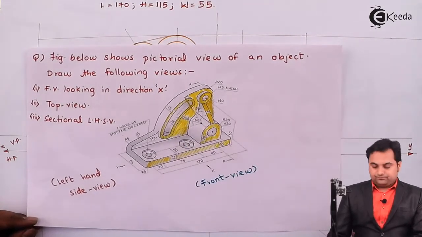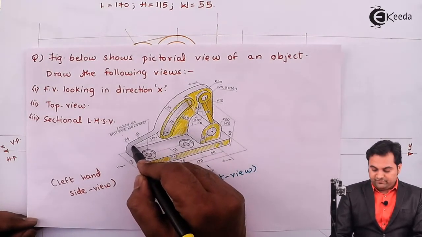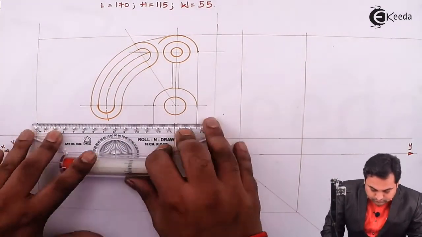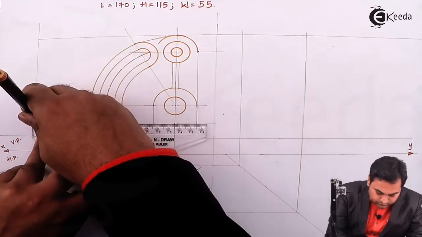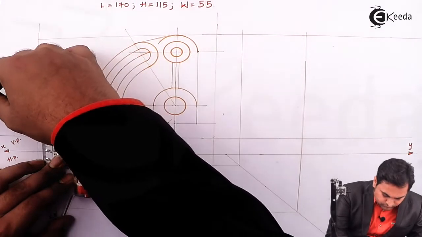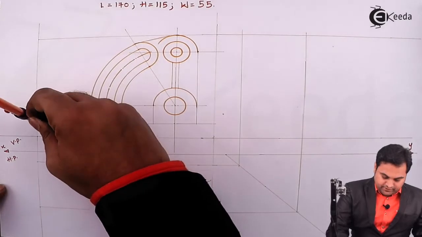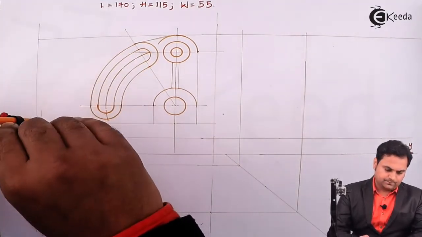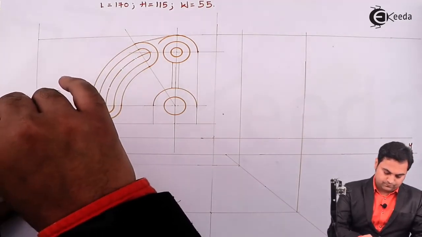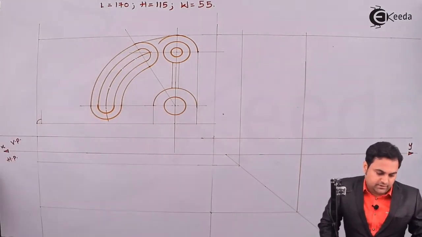up till here. Next, on the other side here there is radius 5 mm. First I'll get this arc. So measuring radius as 5 mm, I'll draw a light arc.